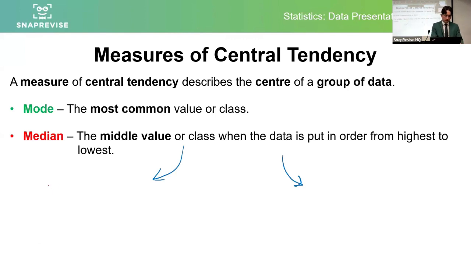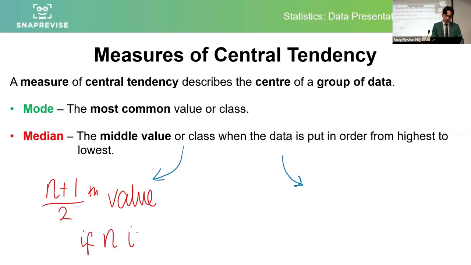So the median position is (n+1)/2 if n is odd. There's a couple of ways of doing this.